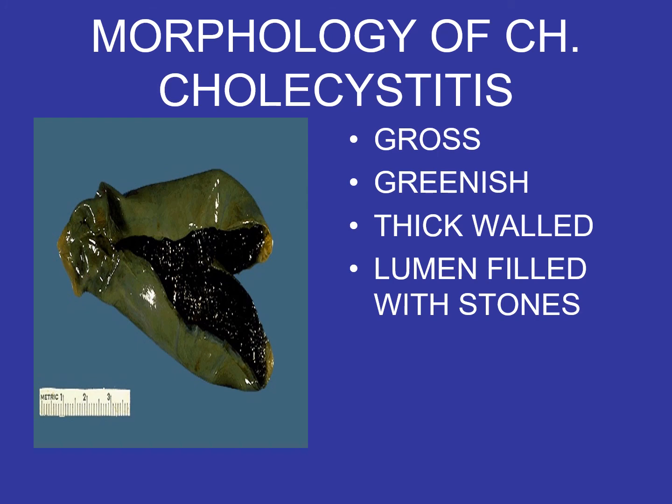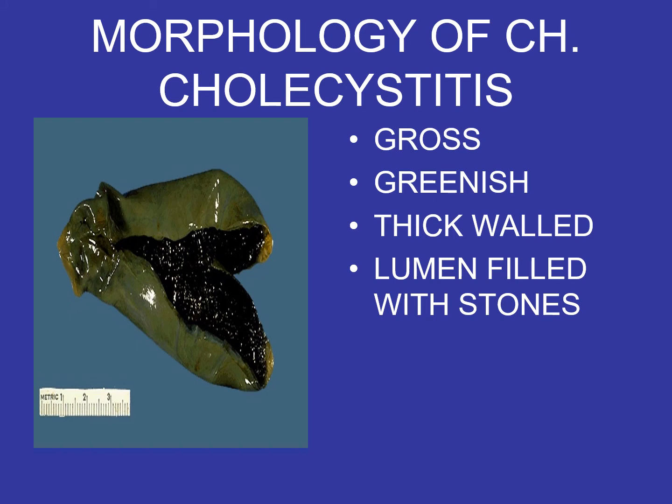Morphology of chronic cholecystitis. Grossly, you can see here the greenish, thick-walled gallbladder, and the lumen is filled with stones. Normally, this is the case in chronic cholecystitis. But remember one thing: the wall of the gallbladder may appear shriveled, grayish, and smooth, but the total thickness of the wall rarely exceeds 3 times its normal thickness in simple chronic cholecystitis.